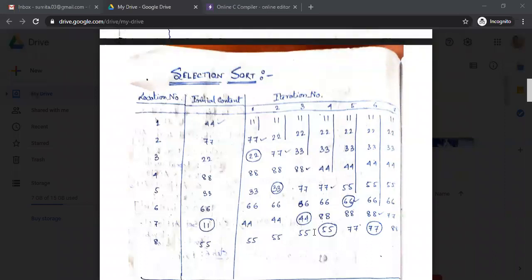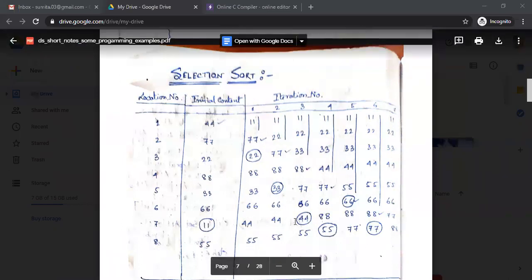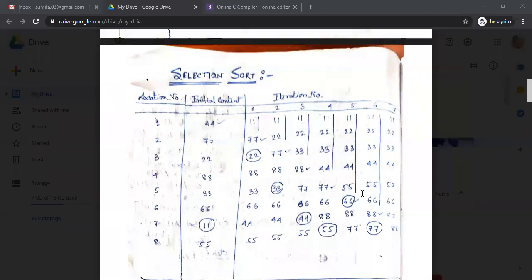Again 88 there and 44 there. 77 there and 55 there. So see, all the assuming elements and the smallest elements are in different positions. But in case of 66, see, the smallest element and the assuming element are both in the same position.